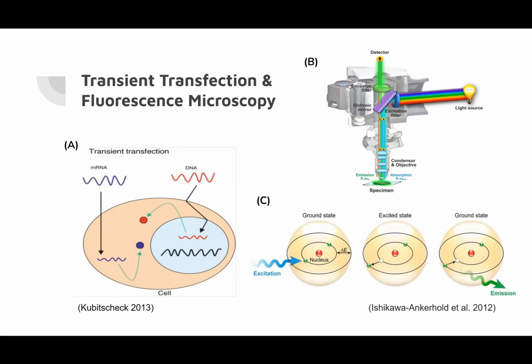After tagging those proteins, they were transiently transfected into cultured HeLa cells, and that process can be seen in image A. The transient transfection method protects the enzymes from degrading or leaving the pathway. Then in image B, we see the mechanics of a fluorescent microscope, and image C demonstrates the overall principle of fluorescence.